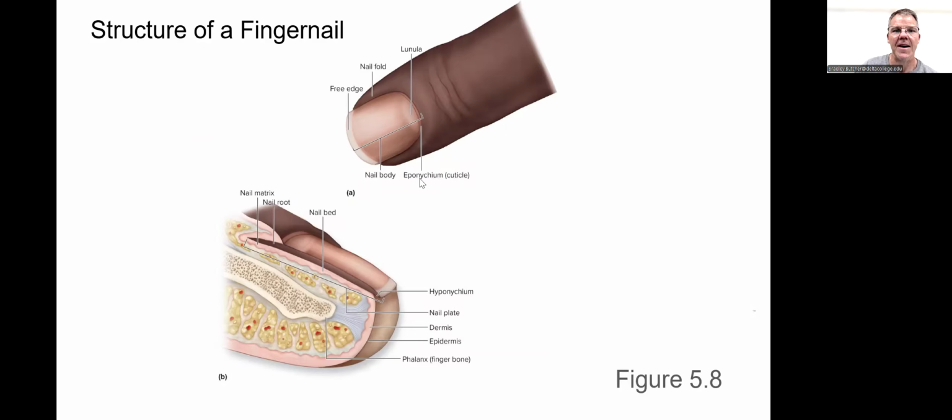And then the eponychium, that cuticle, extends just that little bit right there. We can see down here the hyponychium, that's coming underneath. Remember, epi means above, hypo means below or less than. And you've got that whole nail bed and nail plate underneath there, the dermis and epidermis. And then this is the bone, which we'll get to in our next chapter.